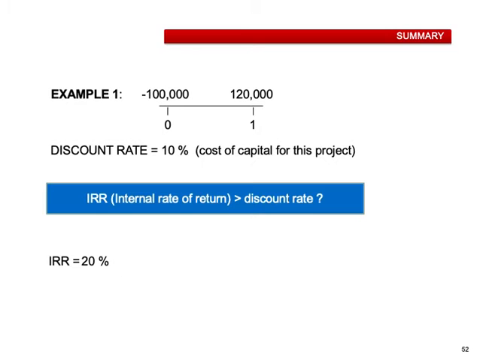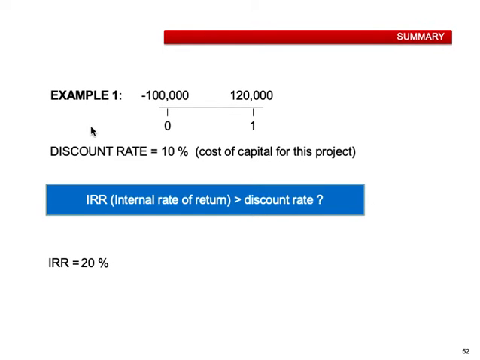Let's look at example 1, but now in the context of IRR, which stands for internal rate of return. The IRR of this project is 20%, that's given. And the discount rate or cost of capital is 10%.